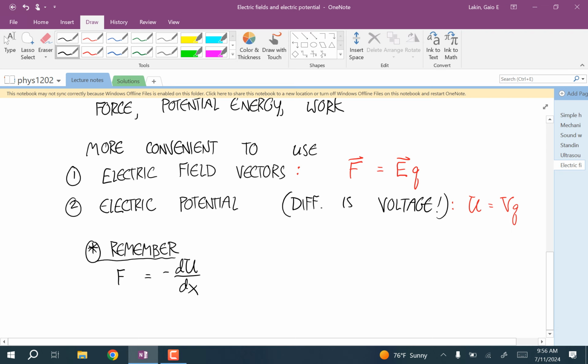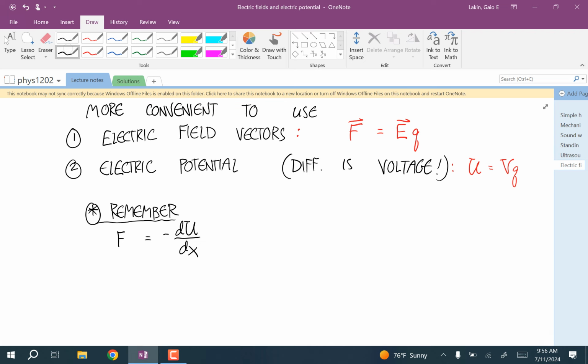And based on this relationship and based on how similar electric field vectors and electric potential are to force and potential energy, you'd expect a similar relationship between electric field vector and electric potential. And we will see that.